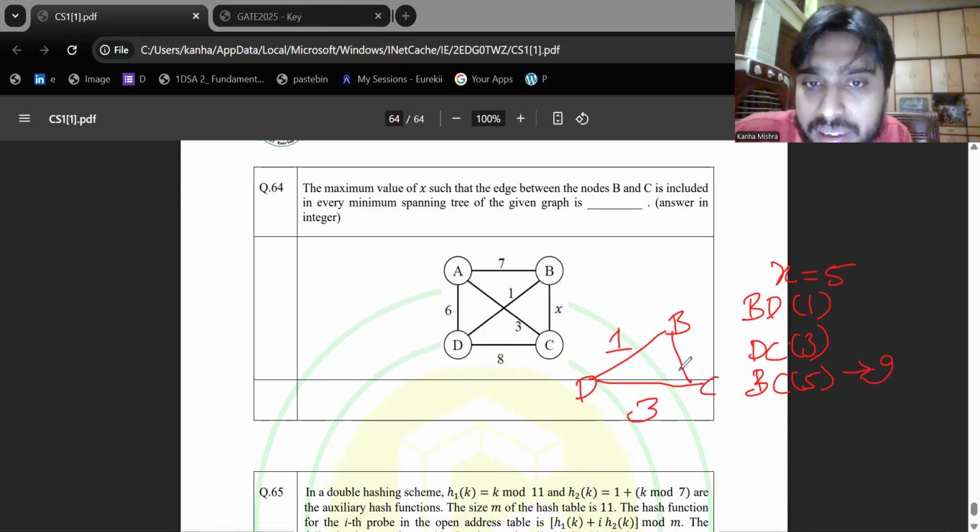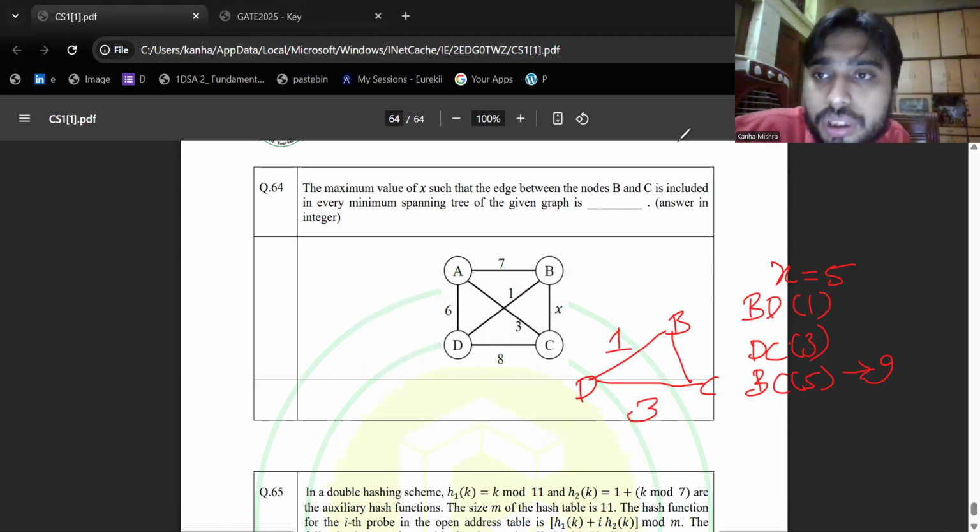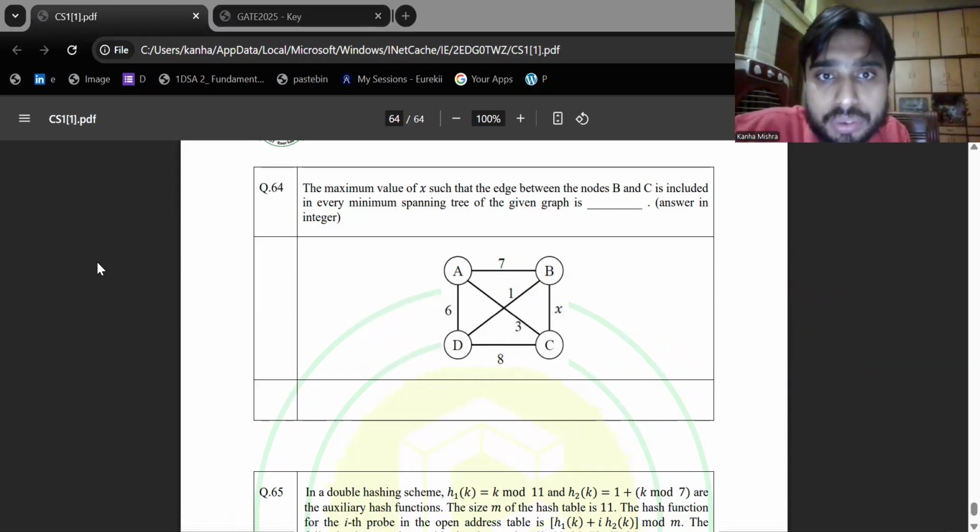You can see that it starts having a cycle here. So that is the problem. We want no cycle inclusion. Okay. So this is one such problem which we can get while solving this question.